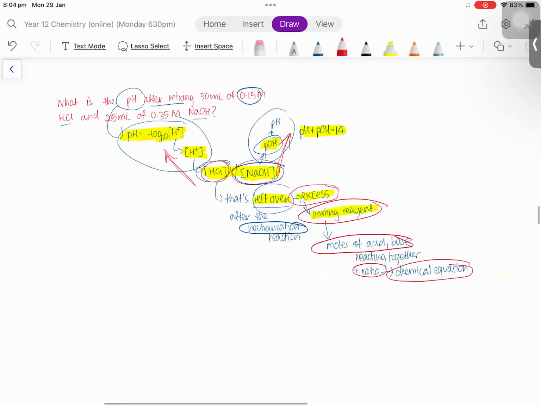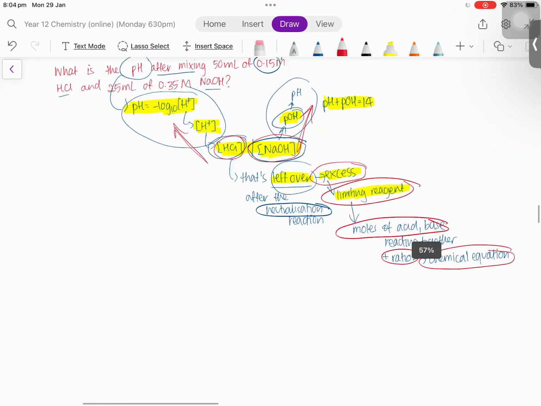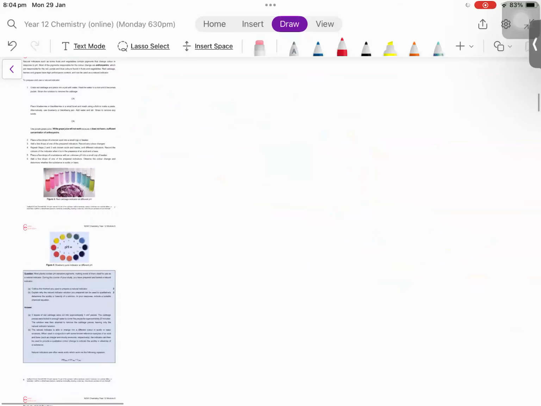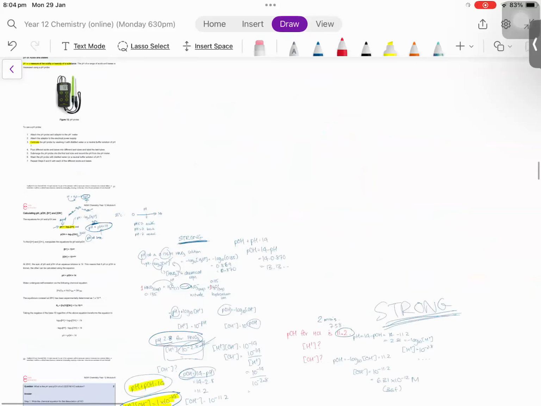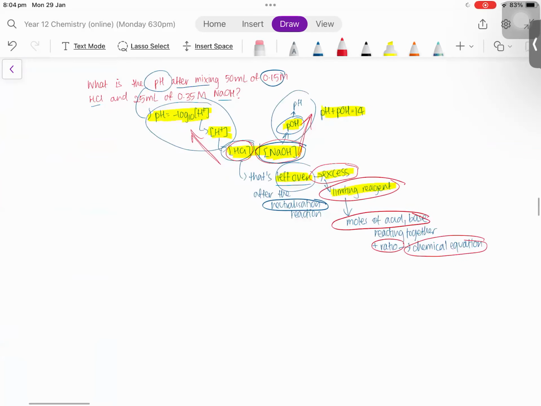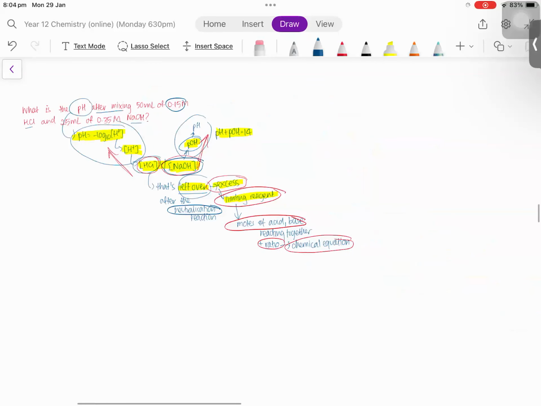All right, so balanced chemical equation. Natalie, keep doing this, guys. We're reacting HCl with NaOH. Can you write out the balanced equation for us? What would that be? Sorry, could you repeat the question again? Yeah, we're writing the balanced equation for HCl and NaOH. Can you help us do that?